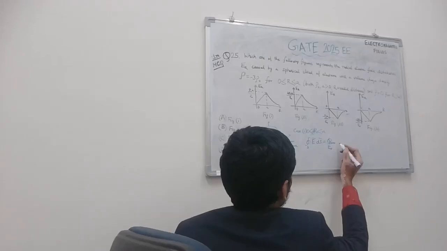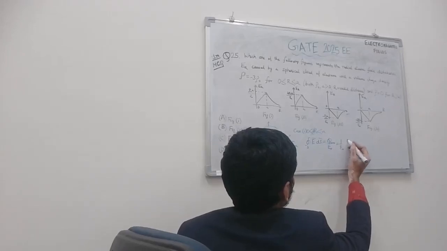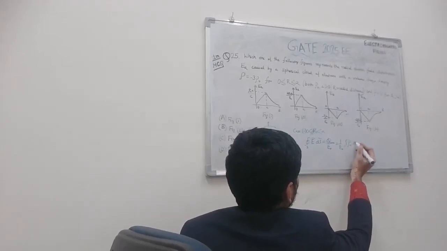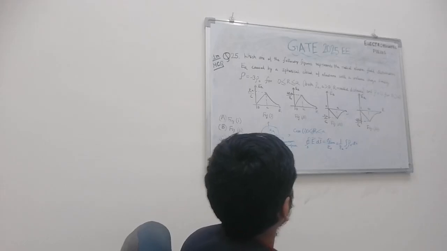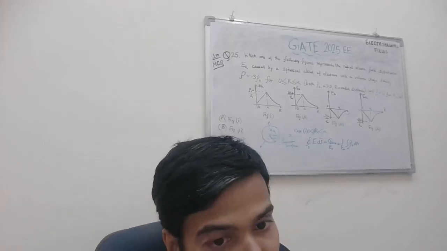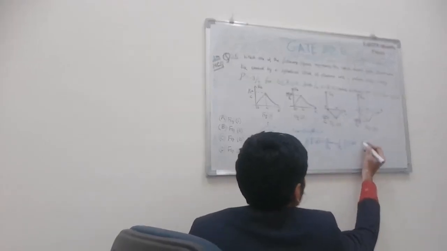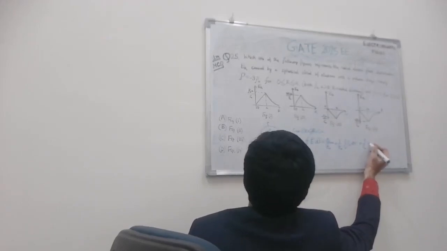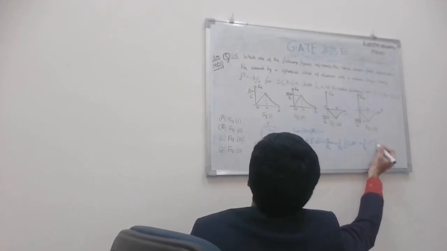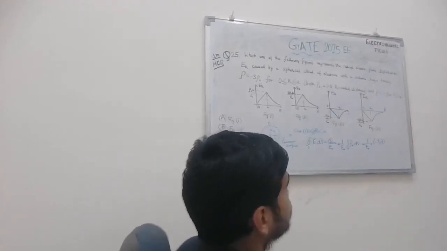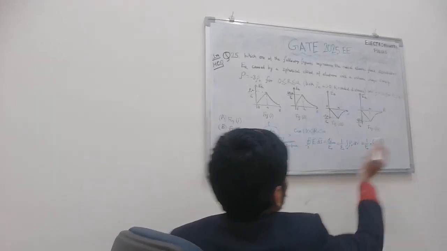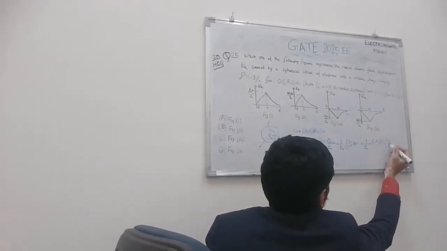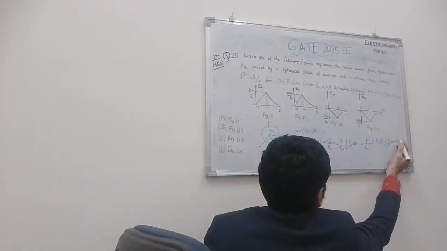The volume integration of the volume charge density, 1 by epsilon naught integration rho v dv over v. Now for this case rho is a constant. So it becomes 1 by epsilon naught times minus 3 rho naught integration dv, that is the volume of this sphere. What is that? 4 by 3 pi r cube.